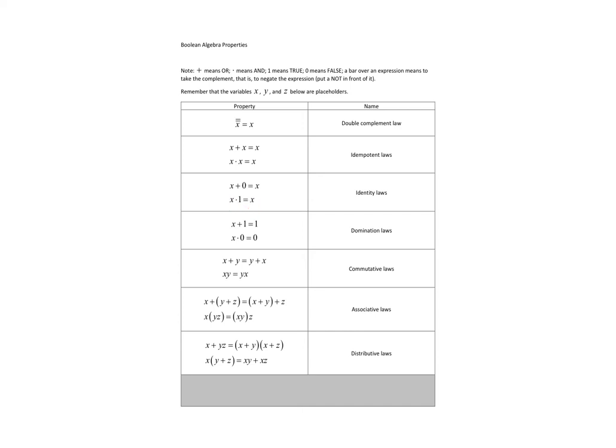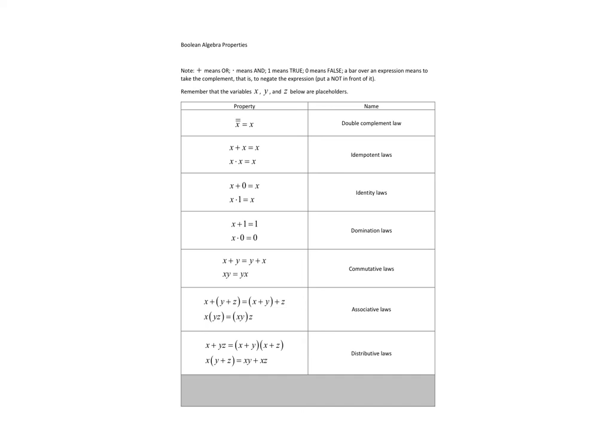So this is saying x or false is x. X and true is x. We have commutative laws, associative laws, distributive laws. We also have these domination laws, double complement law, idempotent laws. We won't use those that much here.